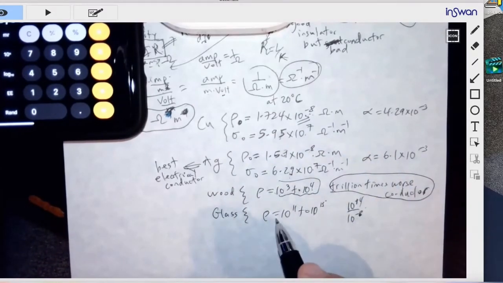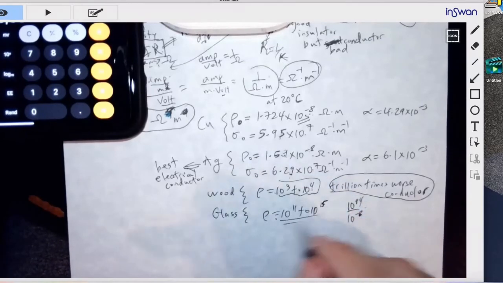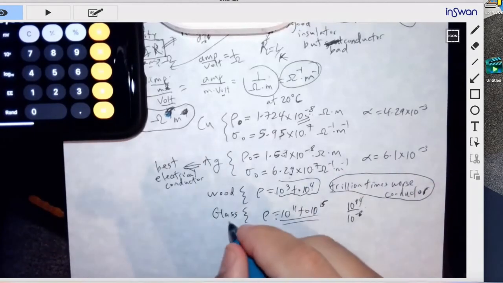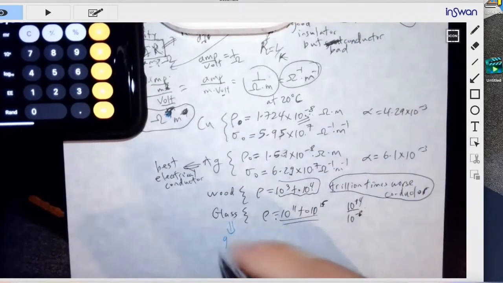And then if you go to glass, its resistivity is very high. Oh my gosh, so it's an even much, much worse electrical conductor. But actually, glass is a good thermal conductor, but really, really poor electrical conductor. So I'm going to say glass is an okay thermal conductor.